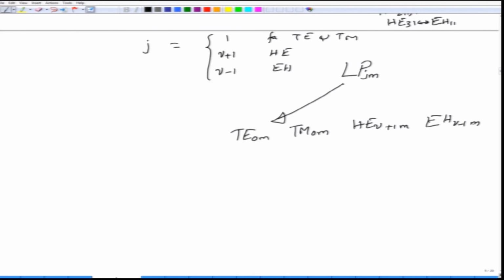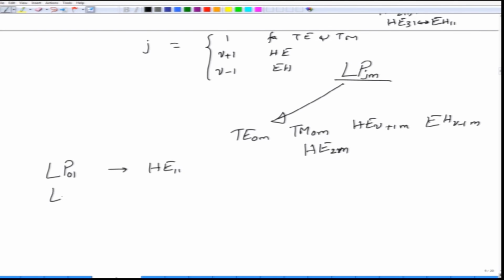Okay. In general, if you take these different modes and for good measure also throw in HE2M, and combine them, then you will end up with the LPJM modes. For example, the fundamental mode in this particular case becomes LP01 mode. Okay. And this LP01 mode is actually derived from HE11 mode. In fact, LP01 is very nearly equal to HE11 mode.